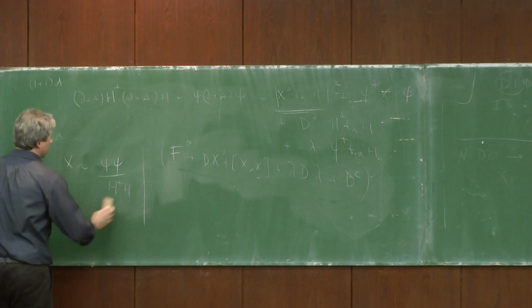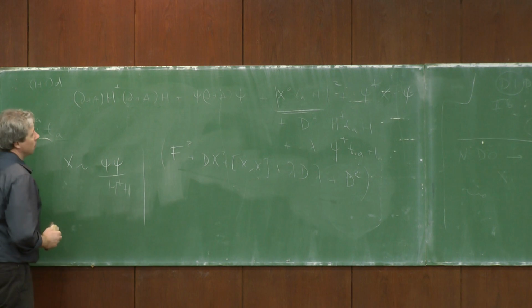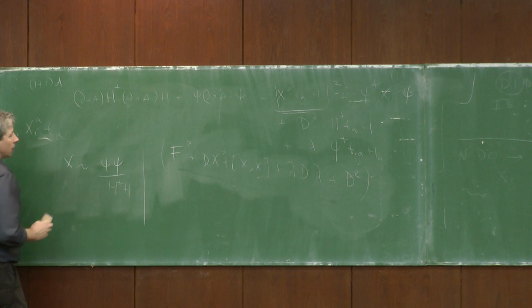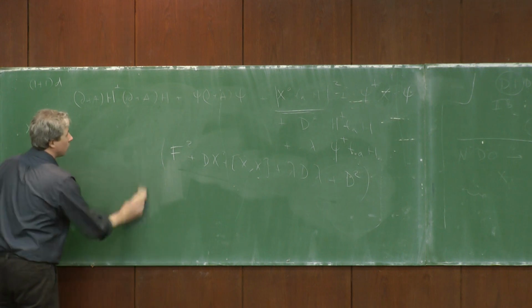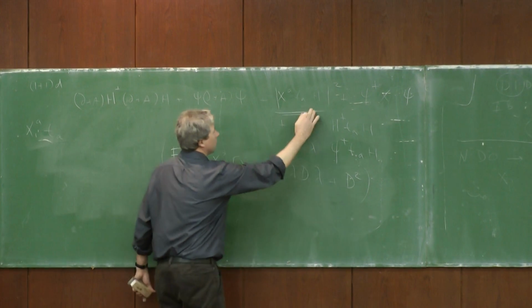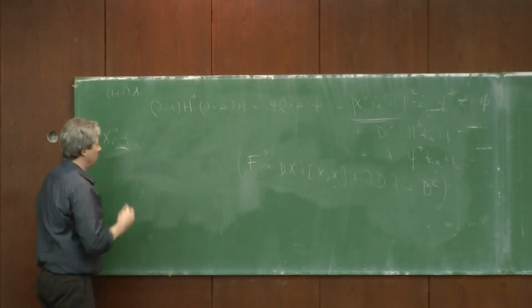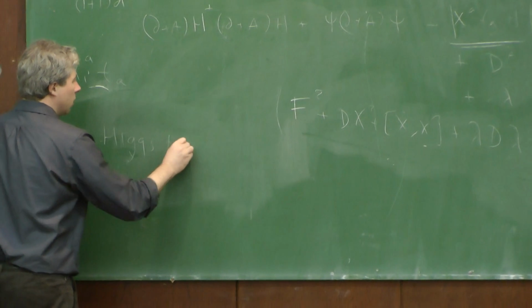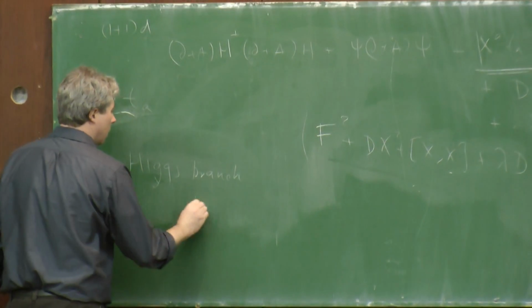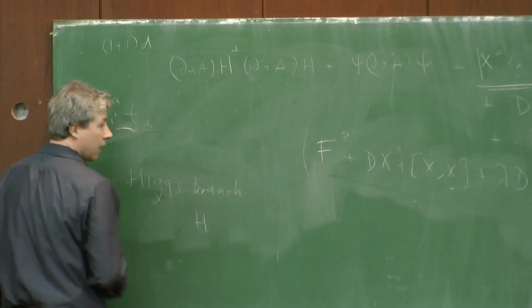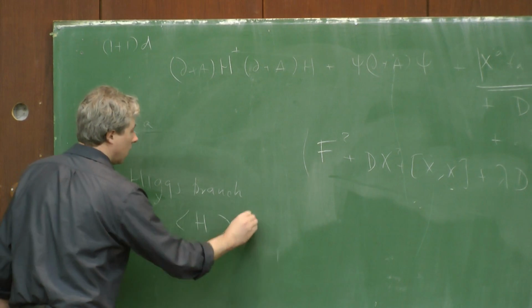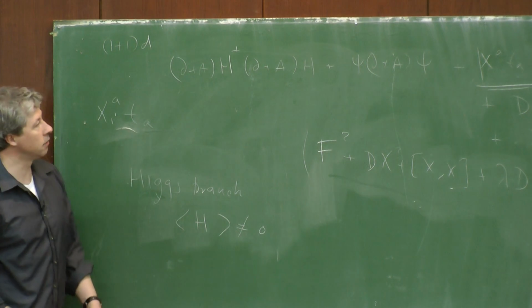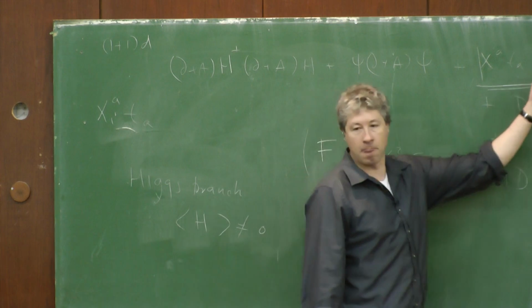If I just keep this term in a Lagrangian, it tells you that the Higgs branch is, as I said, parameterized by the fields H. So it involves things where the expectation value of H is non-zero.